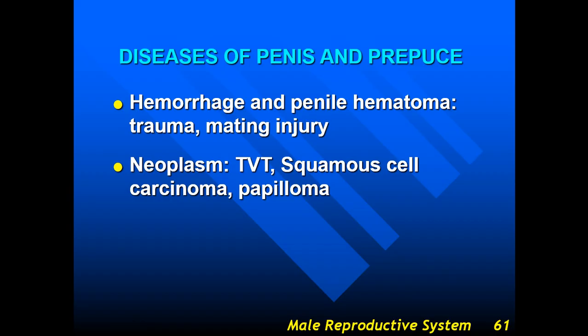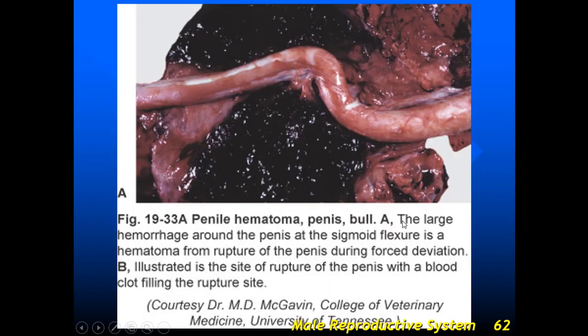As you know, the external surface of the penis is composed of epidermis and tumors can arise from there. And also papilloma. This is a benign tumor of the squamous epithelia. This papilloma can also be related to some viral diseases. We can see further here.